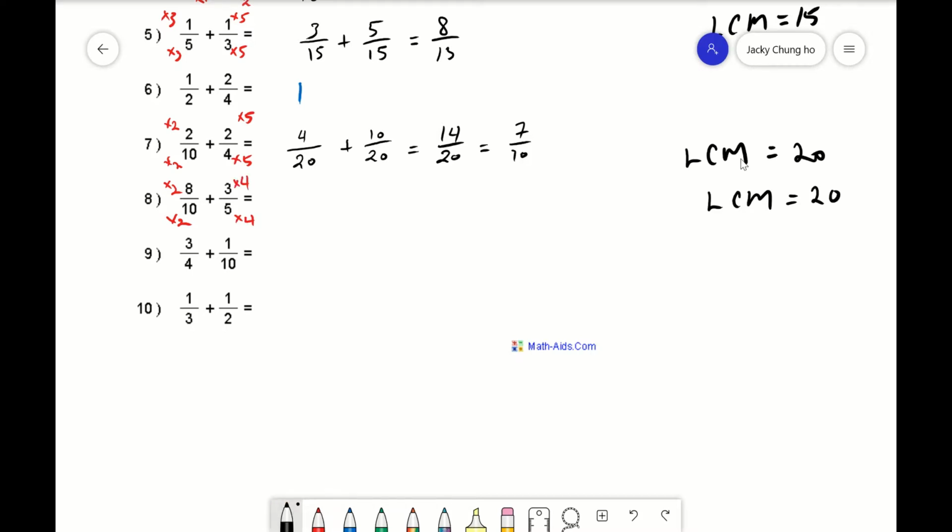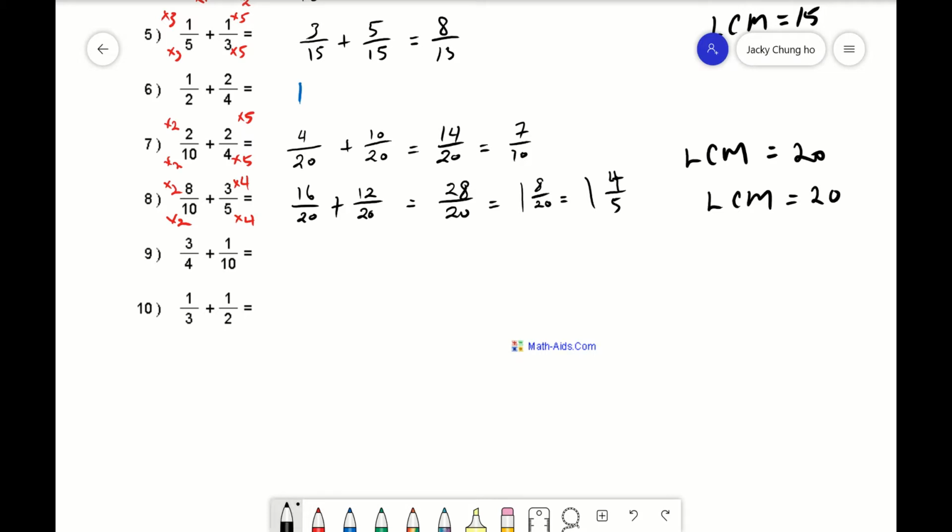So 2 times 8 right here, 16 over 20 plus 3 times 4, which is 12 over 20. When you add them up, you have 28 over 20, which is the same as 1 and 8 over 20. If we continue to reduce it, that will be 1 and 4 over 5.